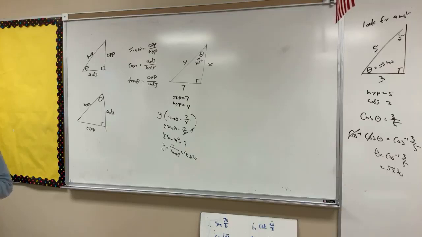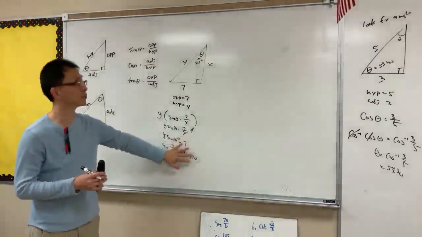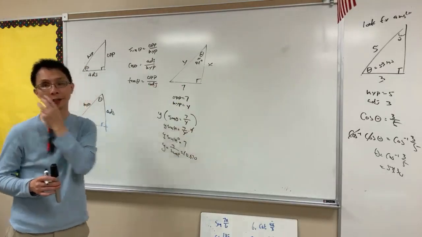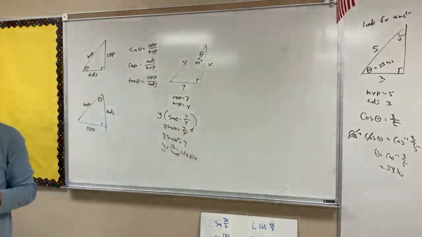What else do you have? Cosine theta, you can work it if you use 10.67. Now let's pretend that you don't know this value and you're just looking for x. What would you use?